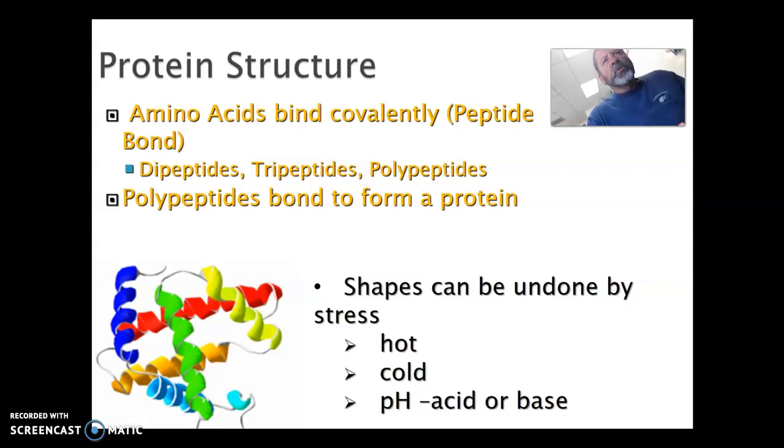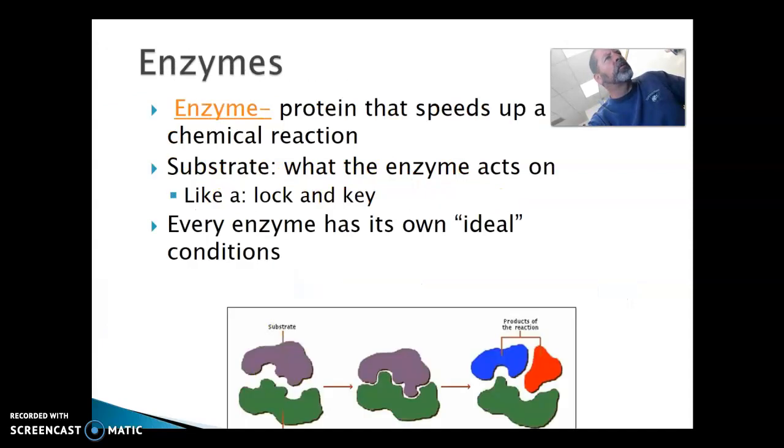But your cells are constantly making proteins. That's their job. They send instructions out of the nucleus out to the outer part of your cell to these little ribosome workshops, and their job is to make proteins. You have to give your body lots of amino acids so that it can make proteins. Amino acids are a monomer of a protein.